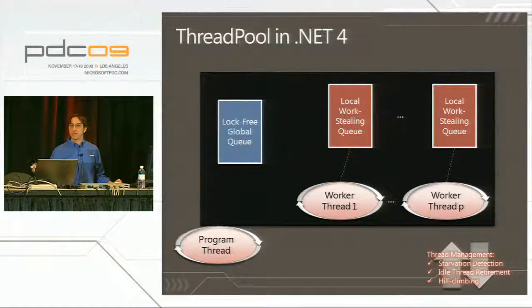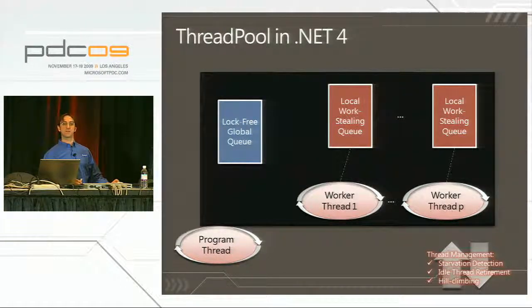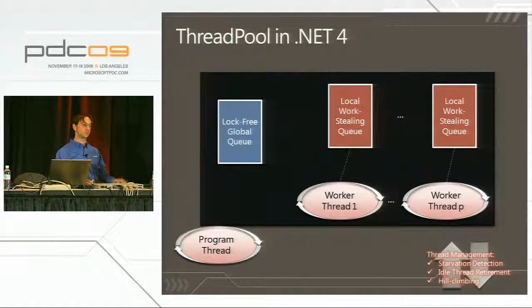Shouldn't other people have access to them? So we cleaned them up, we gave them really nice APIs, hopefully, you tell us, and we made them public. And this queue is an example of that. So there's the new System.Collections.Concurrent namespace in .NET 4, which contains a ConcurrentQueue, which is basically this lock-free implementation of a queue, which you can use in your own .NET 4-based applications.